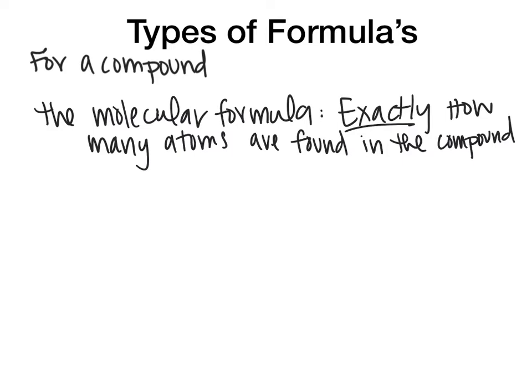This tells you who is at the party. Are there 5 hydrogens and 5 carbons? Are there 7 hydrogens and 52 carbons? Neither of those molecules exist, but that's an example.